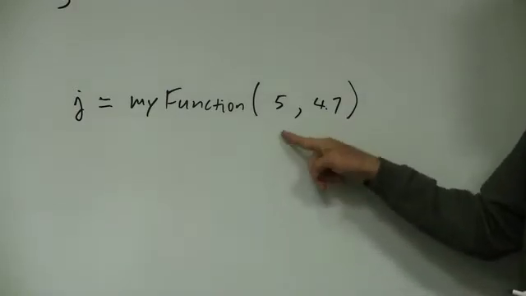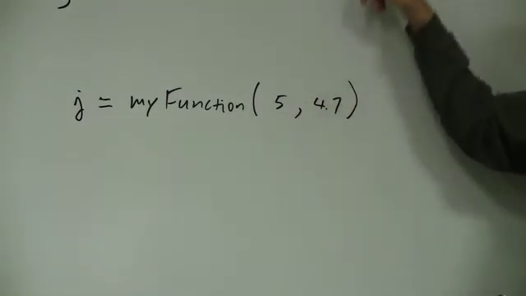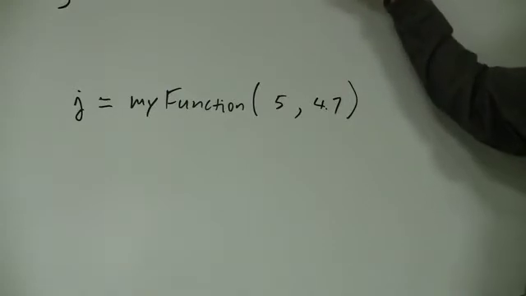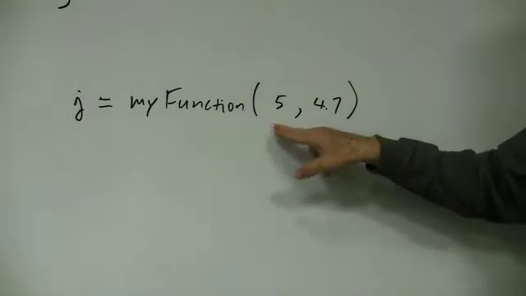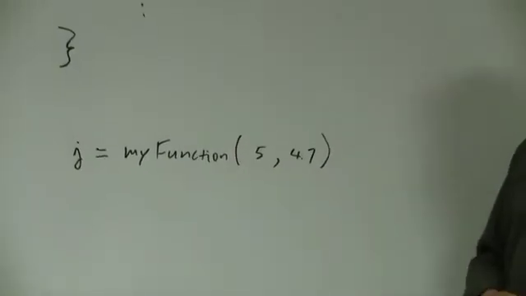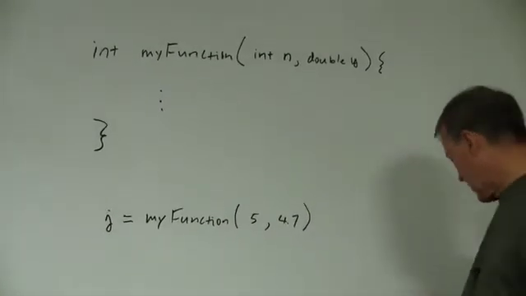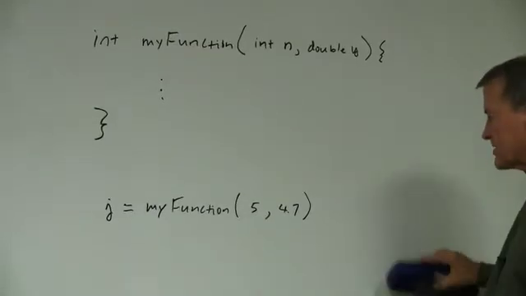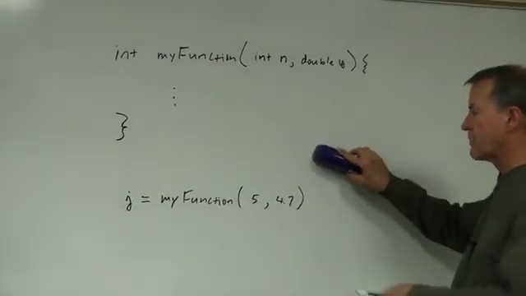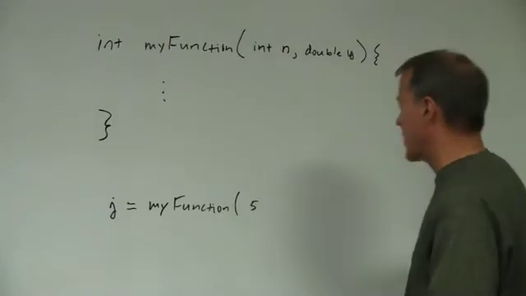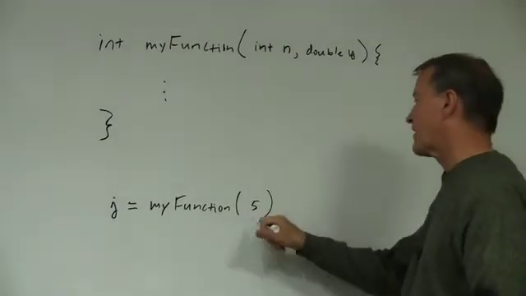Actual. And so the 5 corresponds to this, and the 4.7 corresponds to this. And these are called by reference or called by value? Called by value. So it's legal to have these constants here, right? Now, what would happen in a program like this if, instead of saying my function 5, 4.7, you said my function 5, just like that?